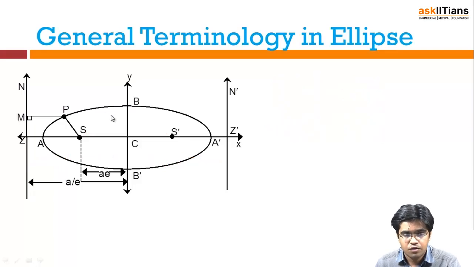If we move on, there are two more things that I can draw. First thing is any line that is perpendicular to your major axis. If this line, let's say L, is perpendicular to your major axis, then L is called a double ordinate.